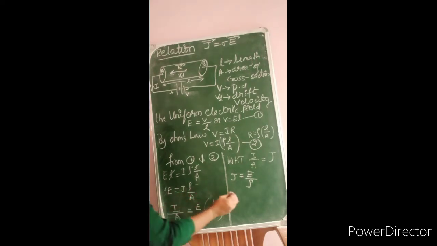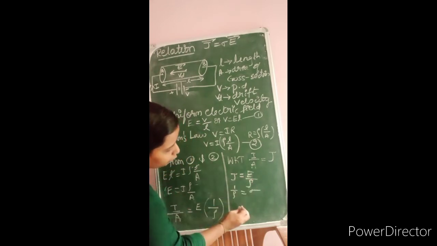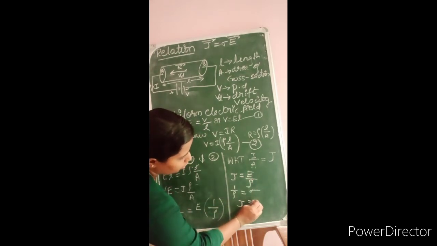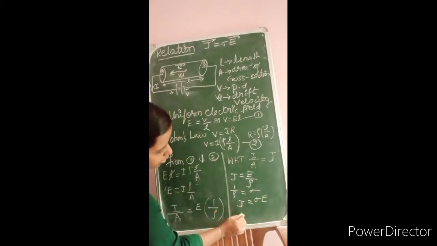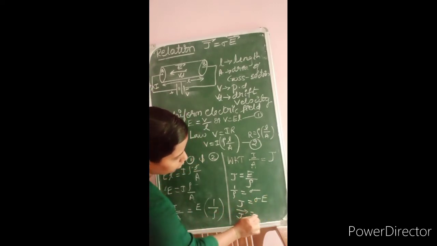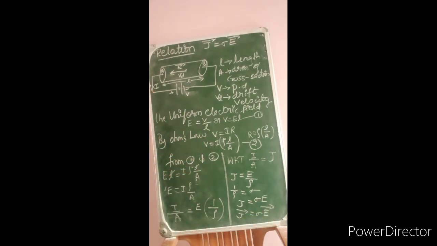But 1 by rho is nothing but sigma. Then this equation can be written as J is equal to sigma into E, or J bar is equal to sigma into E bar. So this is the expression which shows the relation between J bar and E bar.